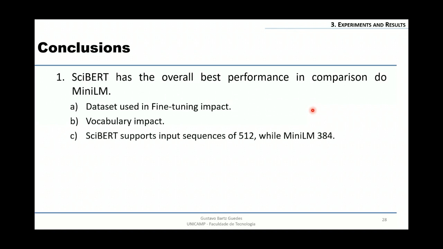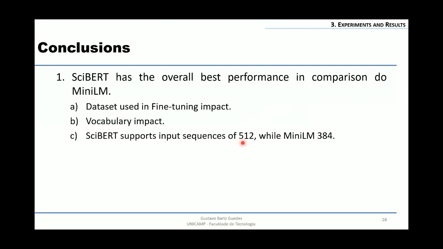Also, CyBERT supports input sequences of 512 tokens, while MinLM only 384. This means that we can have sentences of 512 tokens.